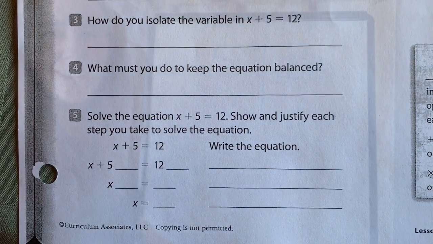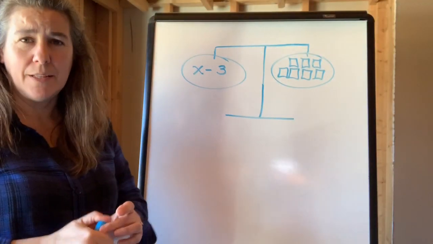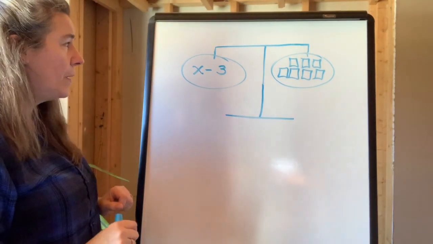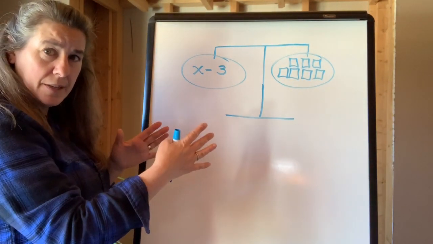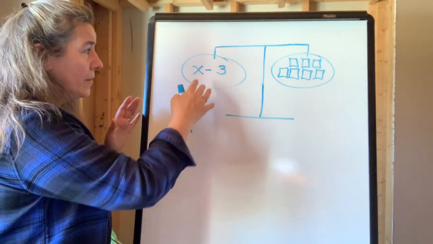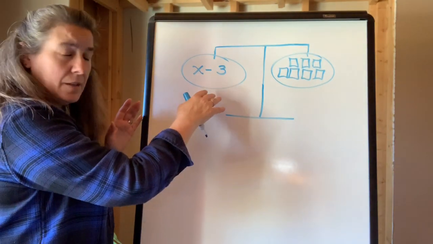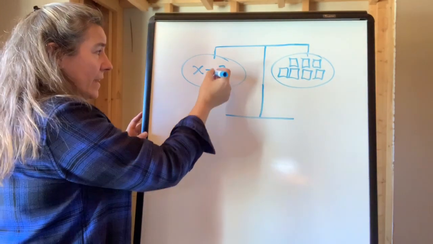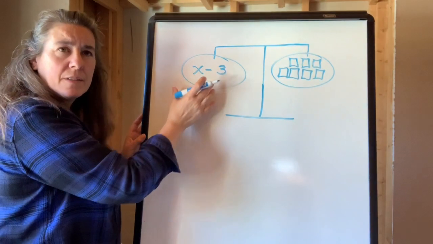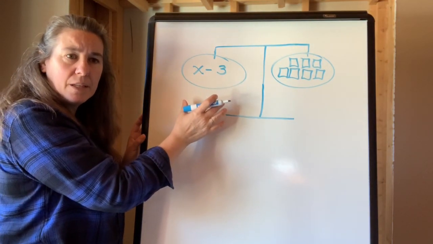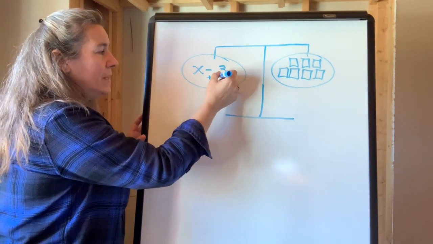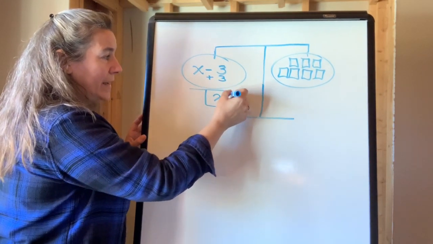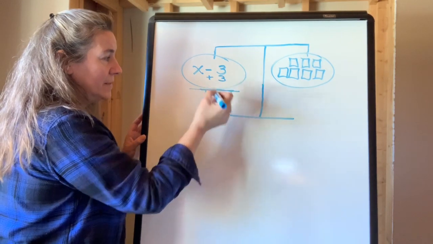Okay? I want to talk a little bit more about this concept of keeping our scale in balance, because I think that's the tricky part. Remember, we talked about in our example that I could add 3 to both sides, and that would get me X all by itself, right? So with X minus 3, if I add 3, then I just end up with X. Whatever amount X is, we're going to just hang it off this pan.